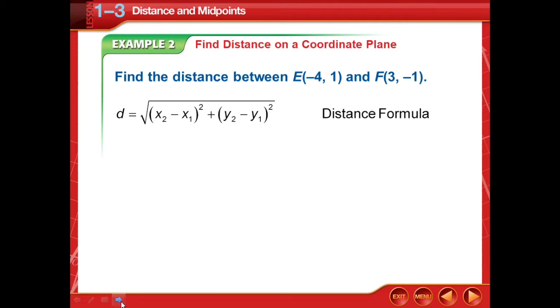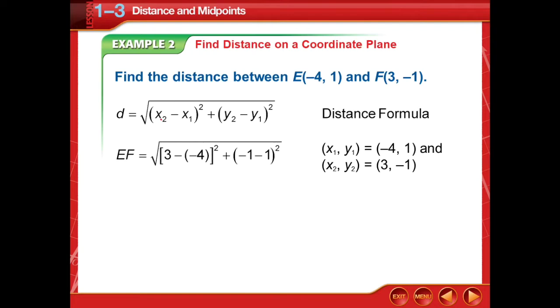So the first thing I'm going to do is write the distance formula, which I would highly suggest you memorize because it will not be given to you on a test or a quiz. Distance is equal to the square root of the quantity x2 minus x1 squared plus the quantity y2 minus y1 squared. So now I'm going to substitute.